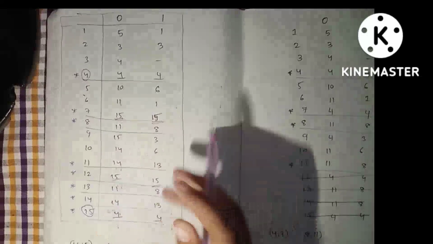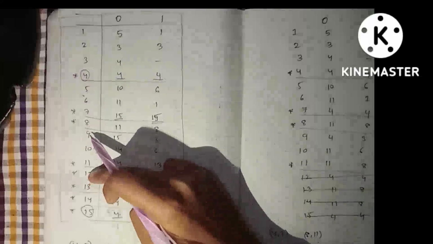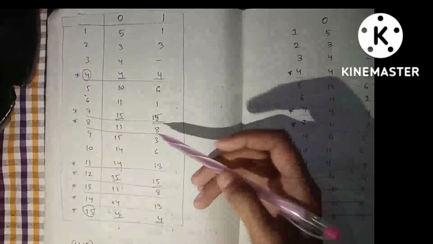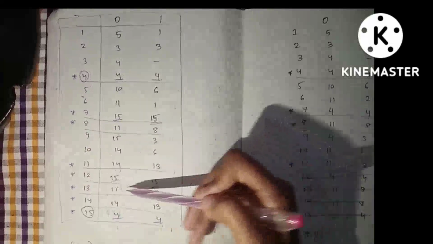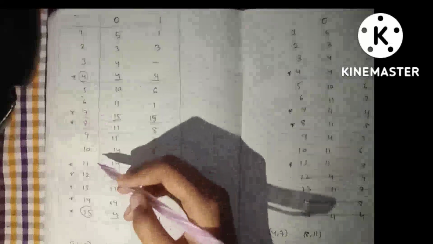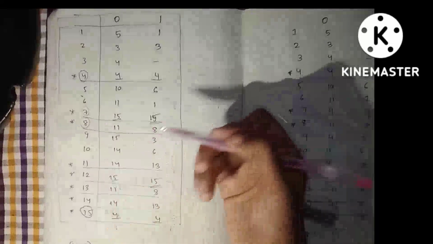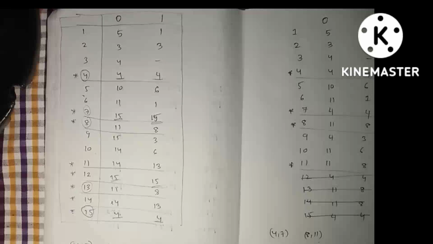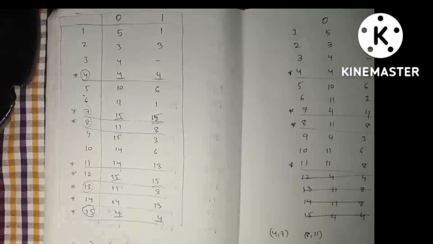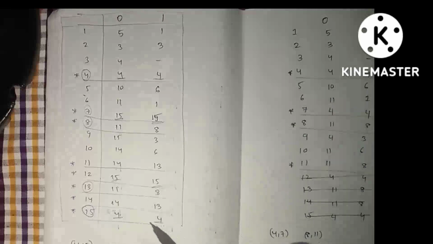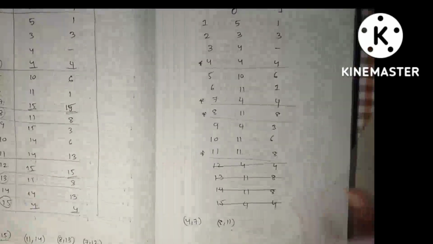So this 7 and 12 I am writing combiningly here. Similarly 11, 8, 11, 8. So this 8 and 13 we are writing here. Similarly for this. Now this is a very important step.